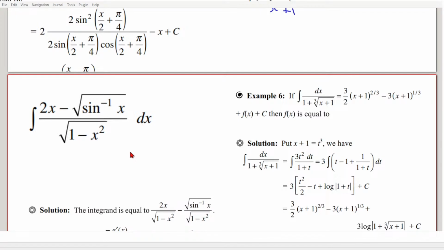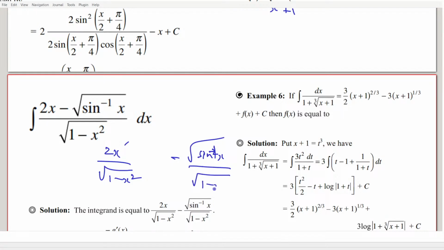Very good. Sir, we should first separate the terms here: 2x by under root 1 minus x square, minus sin inverse x by under root 1 minus x square. Then 2x dx we can do with under root 1 minus x square.